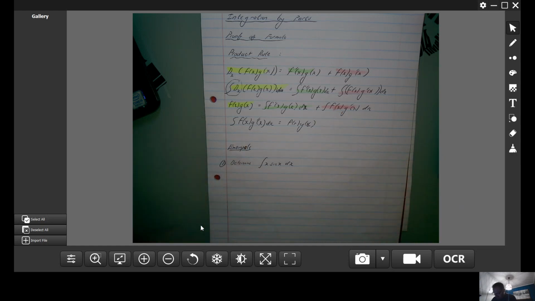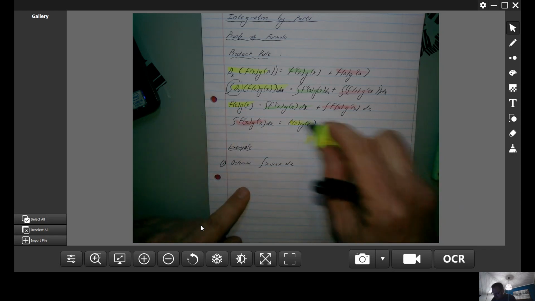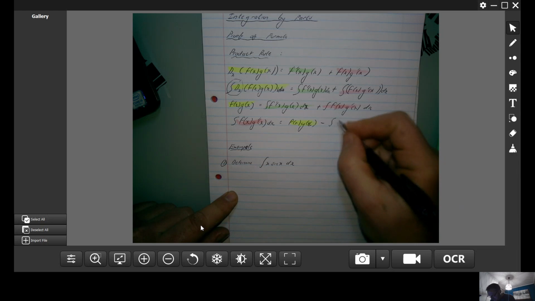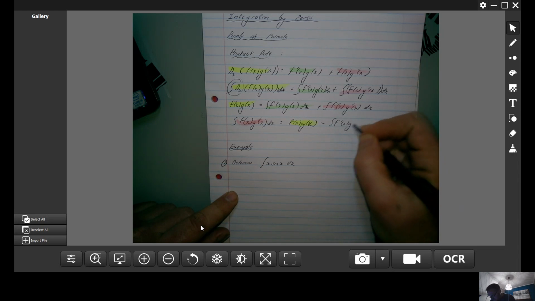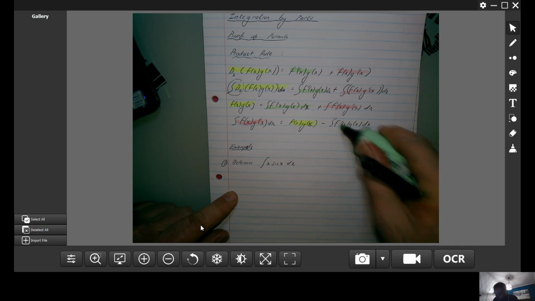The pink bit is on its own, so it will be equal to the yellow bit minus the green bit, so minus the integral of f dash of x g of x dx. Okay, and that is the proof.